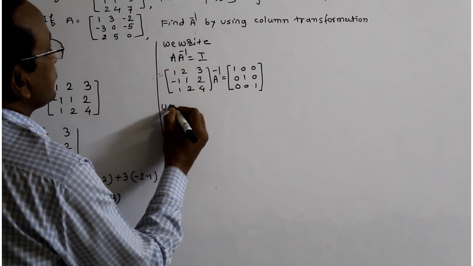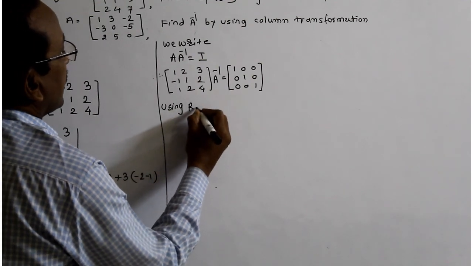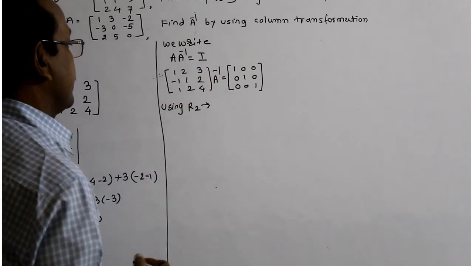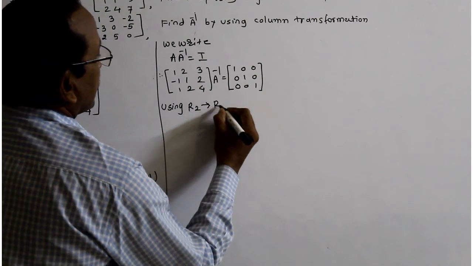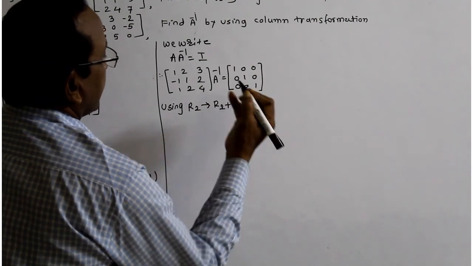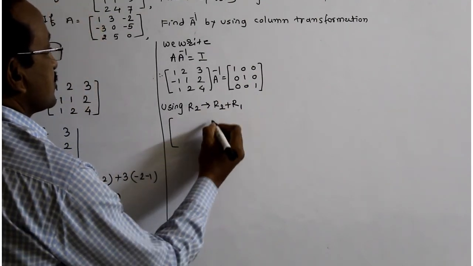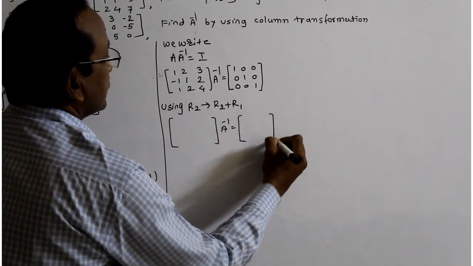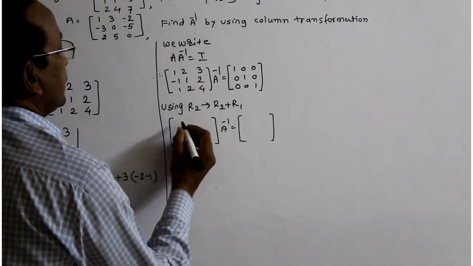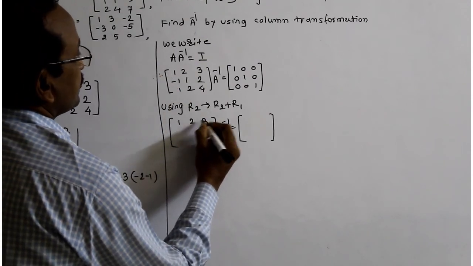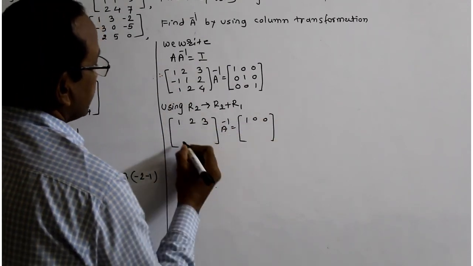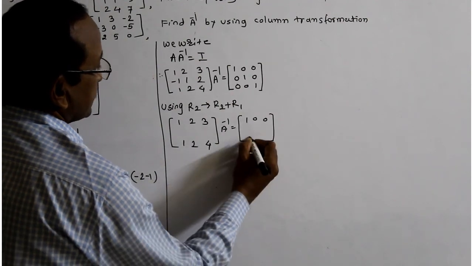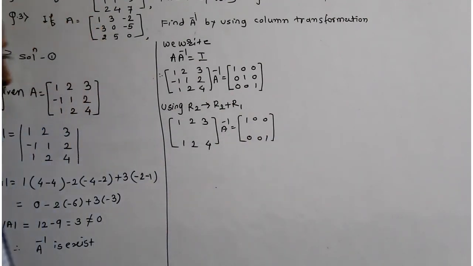So using R2 implies R2 plus R1 row operation. In this operation, the change is only on the second row; the elements of the first row stay as they are, and the third row stays as it is. It is 0, 0, 1.